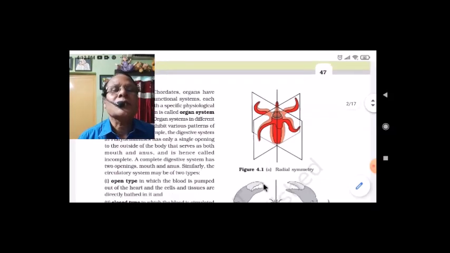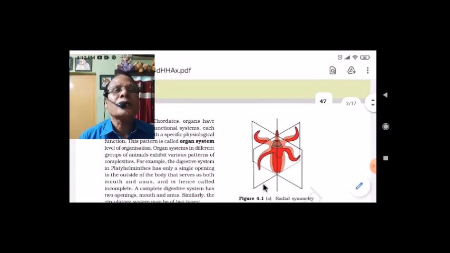So normally we have different organ systems. Though we have organ systems in different groups of animals, they exhibit various patterns of complexity, from simple to complex.